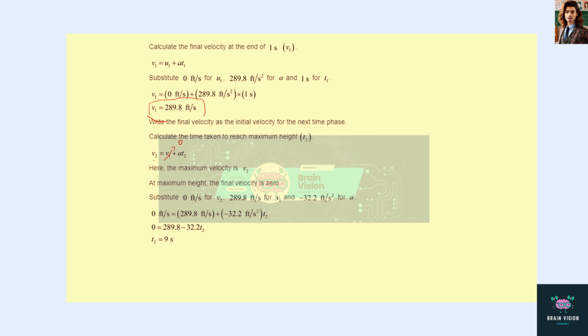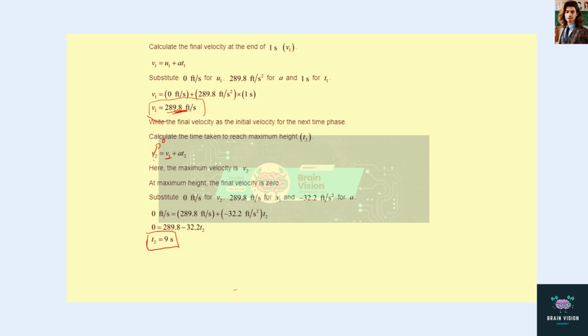Okay, so oh no, excuse me, at the maximum height, final velocity is rather 0, so this is rather 0, not V1. Okay, because this is V1, right? So we're looking for T2, and that's going to be 9 seconds.